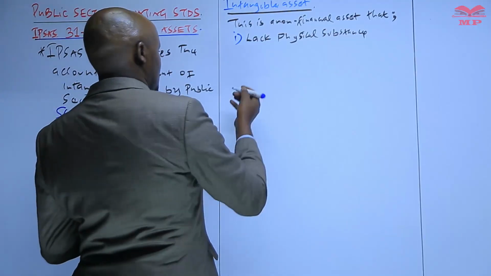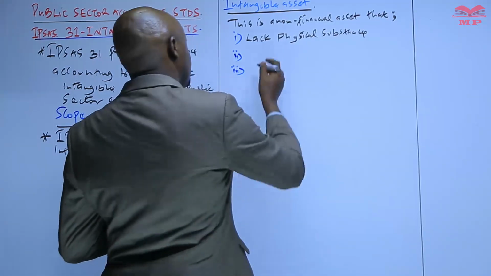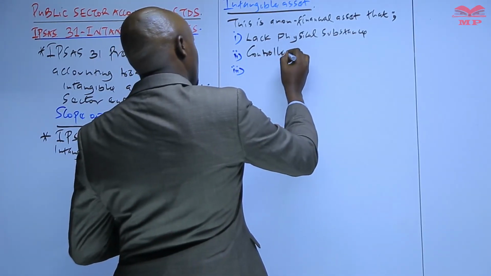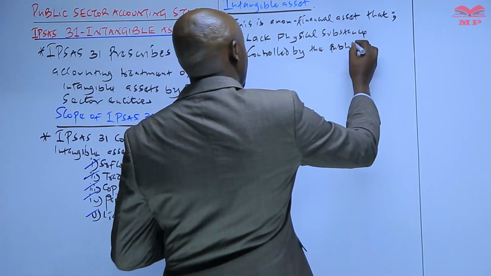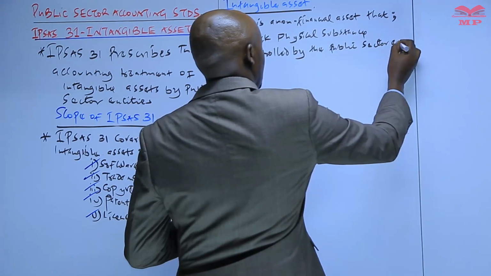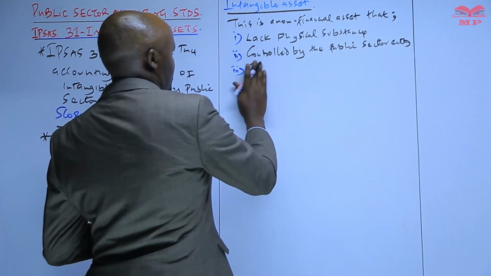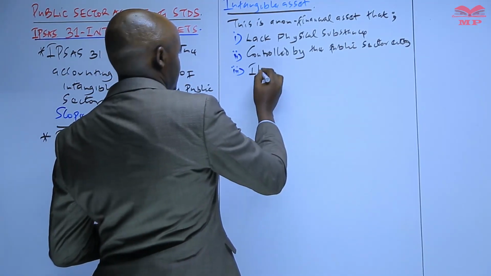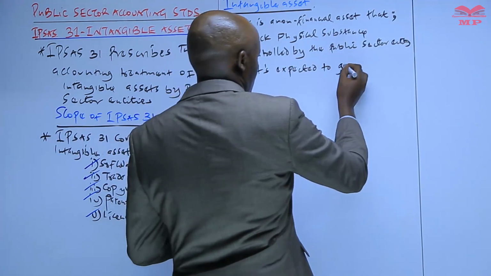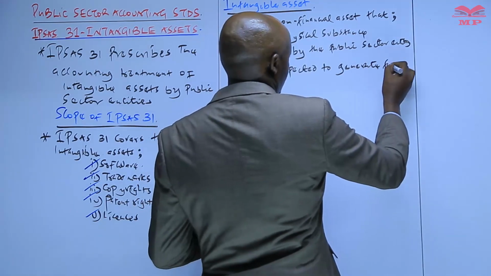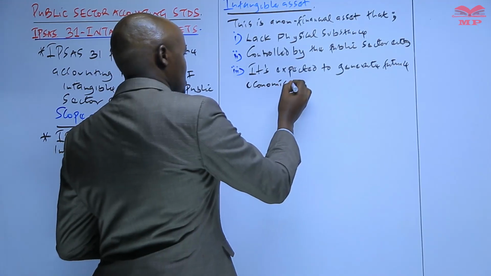Number two, it is controlled by the entity, or in this case controlled by the public sector entity. And number three, it is expected to generate future economic benefits.